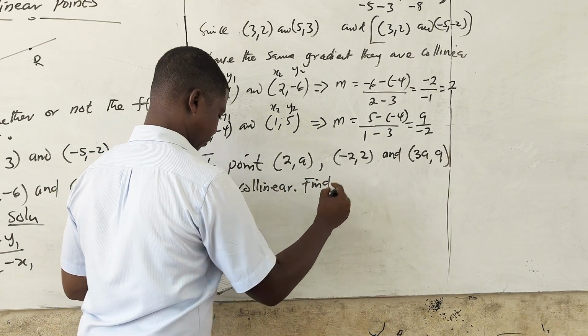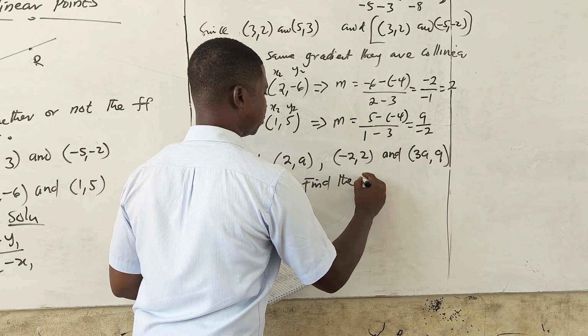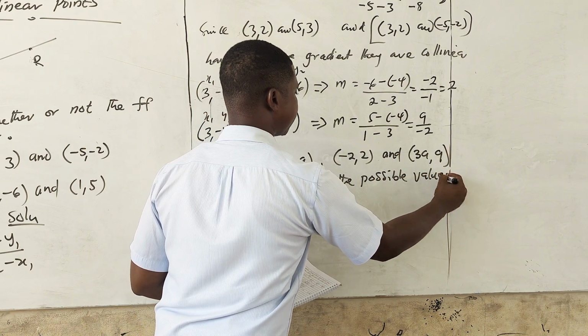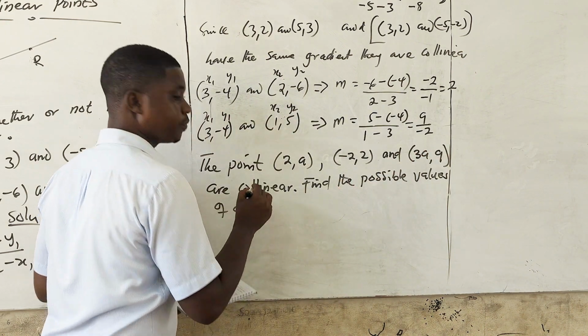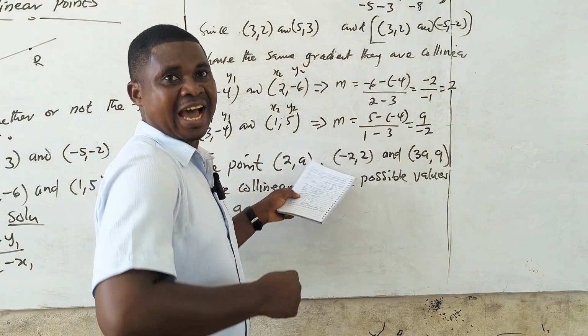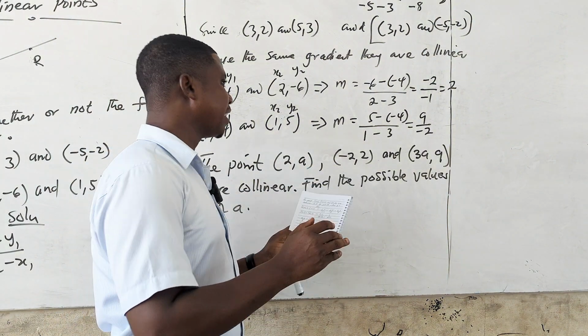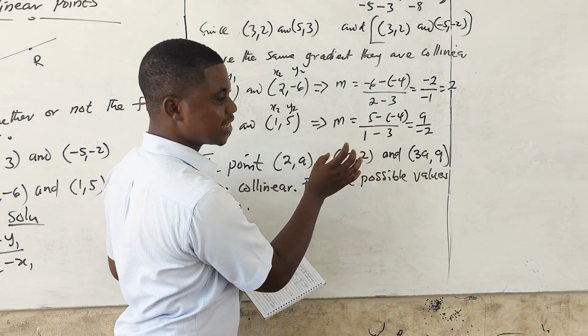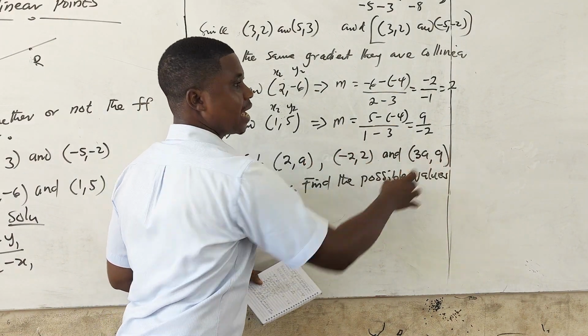Find the possible values of a. We are saying that they are collinear. So if they are collinear, it means the gradient of this set and this set should be the same as the gradient of this set and this set.